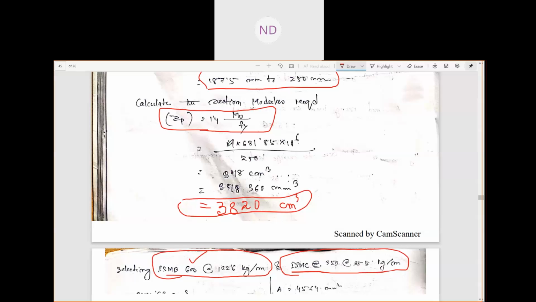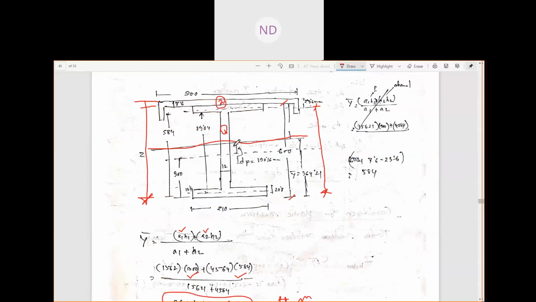This one. This distance from here to till here. Sorry.